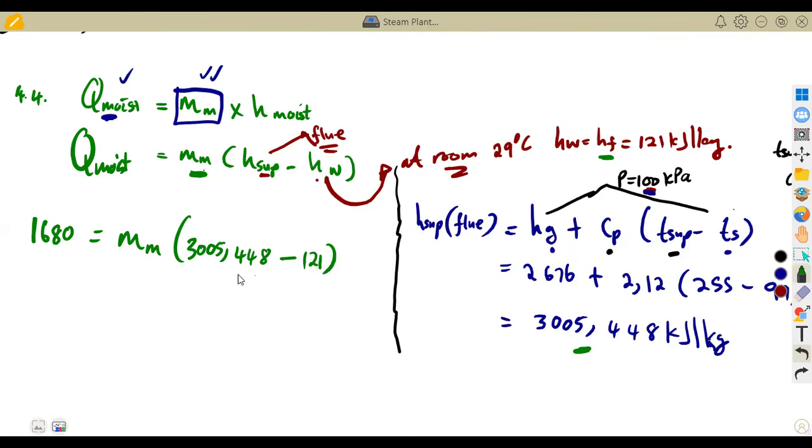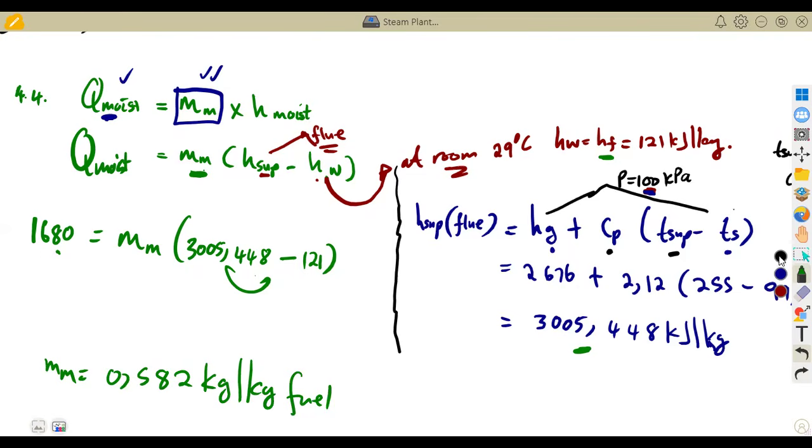If you divide this bracket, you are going to obtain the mass of the moist, which is going to give us 0.582 to 3 decimal places. That will be kilograms per kilogram fuel.